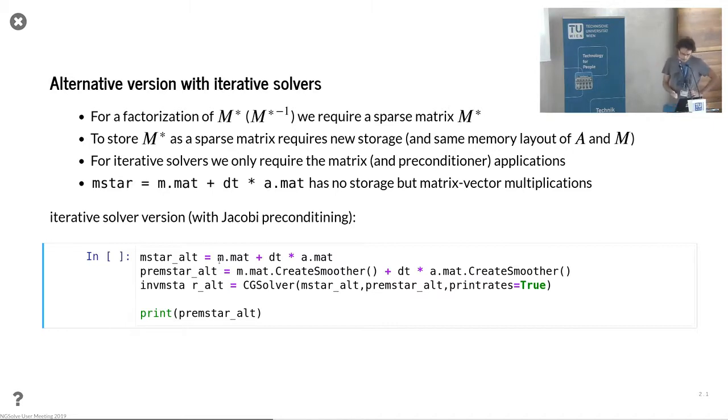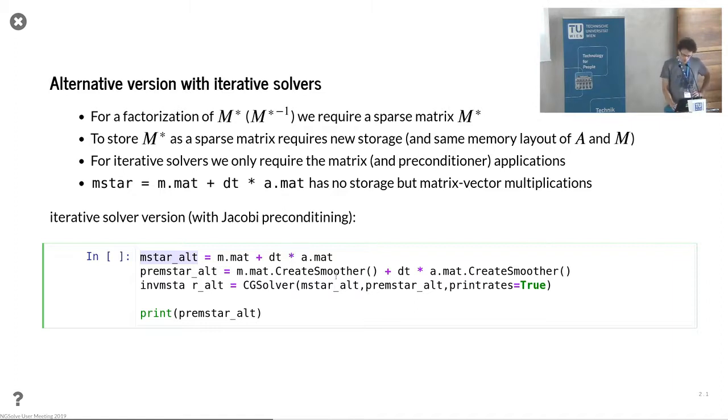So here we have M star alt for alternative, which just defines the matrix as the linear combination of the operators that you have. So you can apply matrix vector multiplication now, but you cannot call the inverse, so the sparse inverse operation on that.